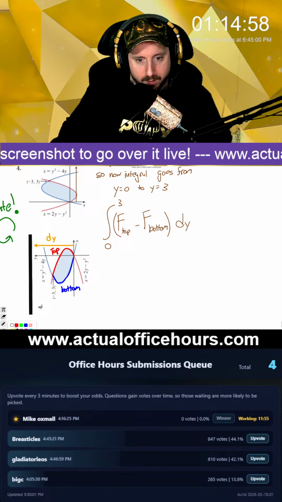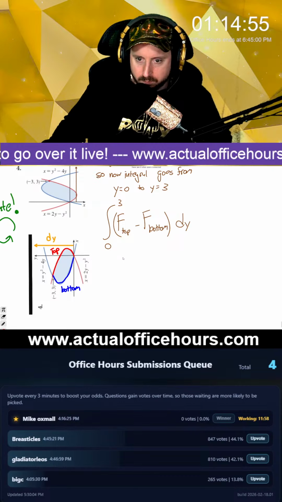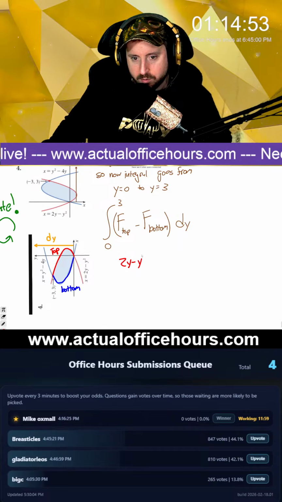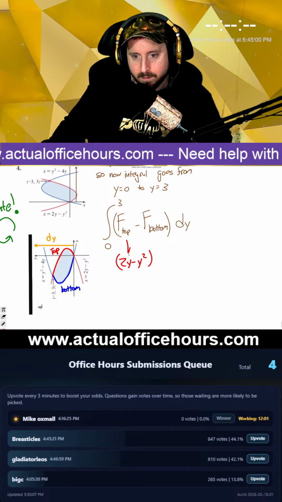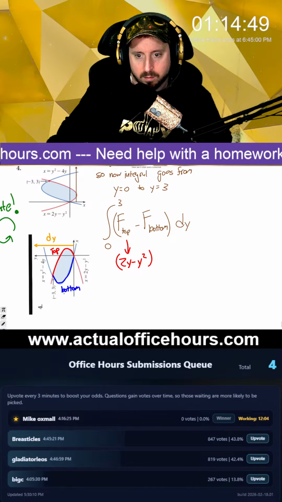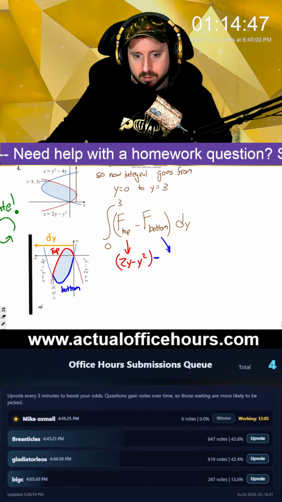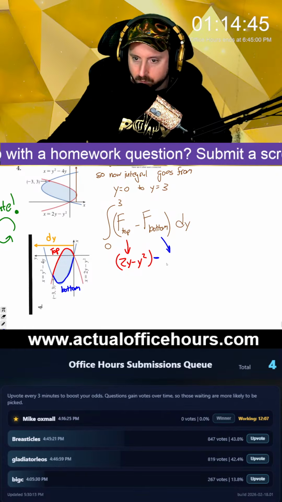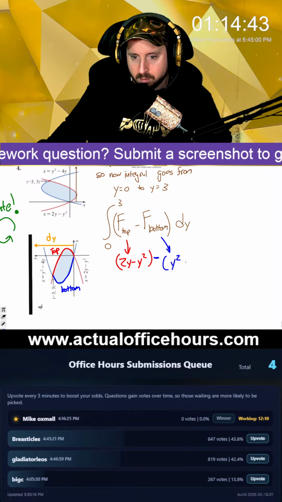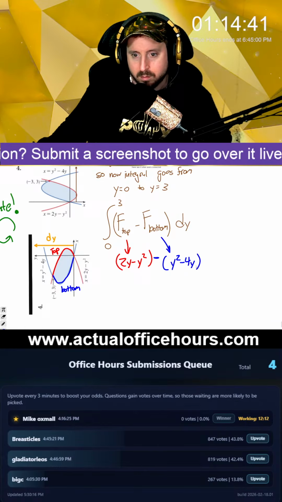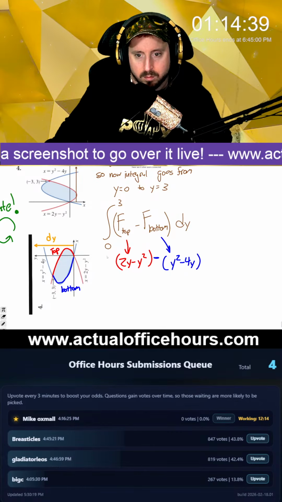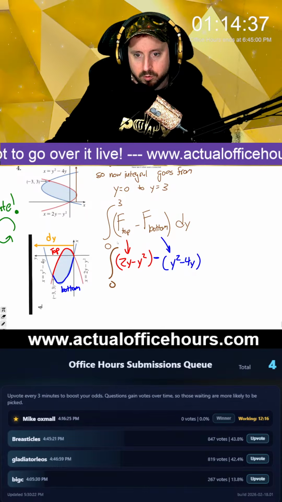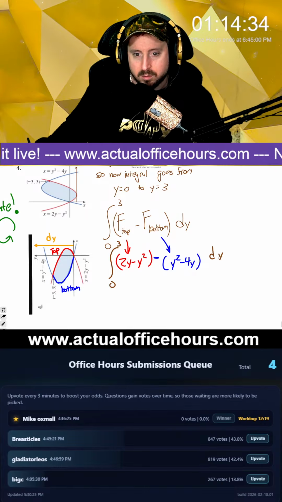Okay, cool. There we go. All right. So, the red one, that's 2y minus y squared. And then minus the bottom one, y squared minus 4y. That's integral from 0 to 3 dy.